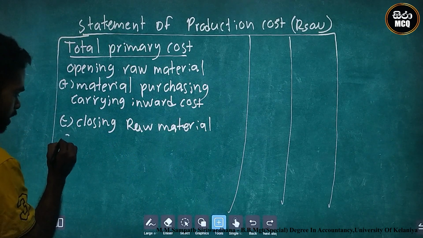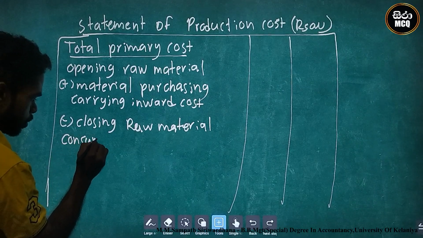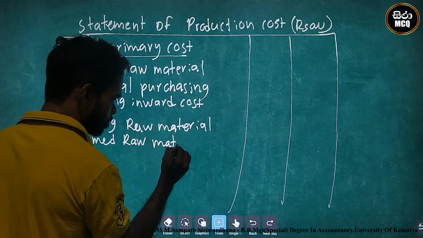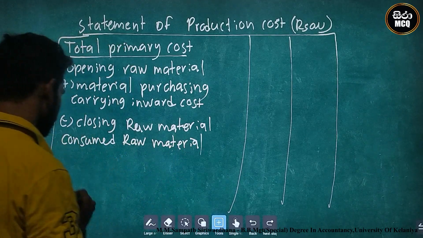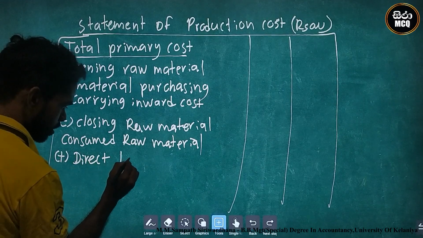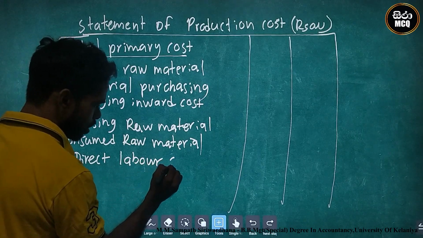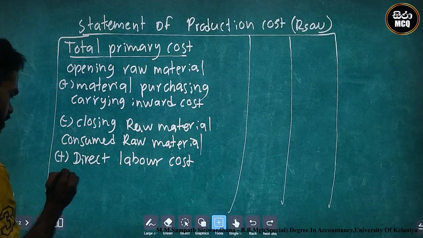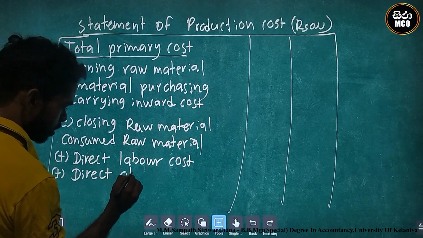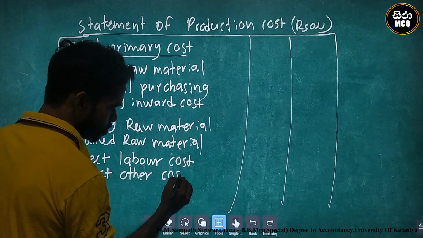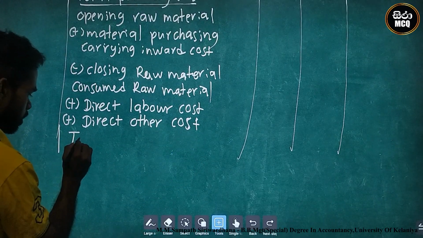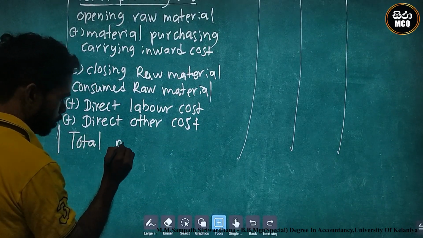After that we can calculate the consumed raw material cost. After that we add direct labor cost and direct other cost, and after that we can identify total primary cost.